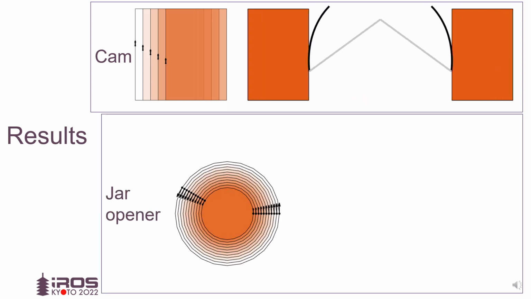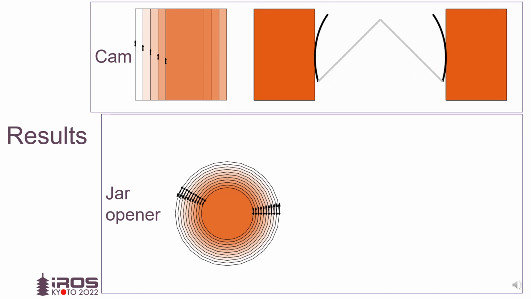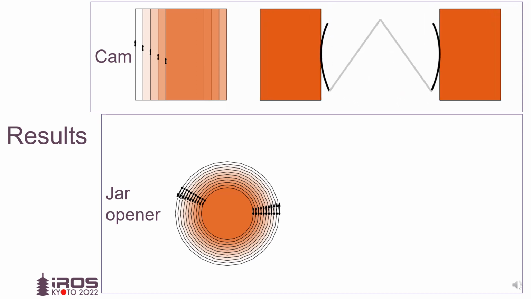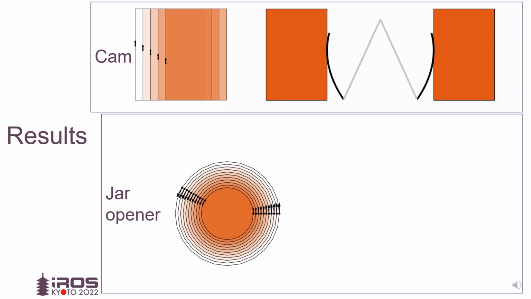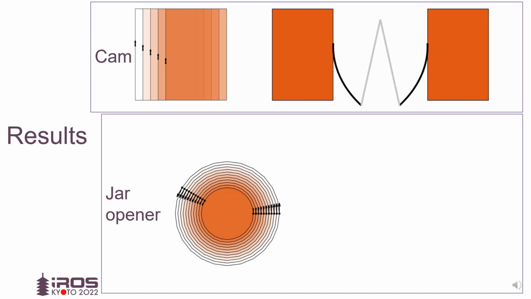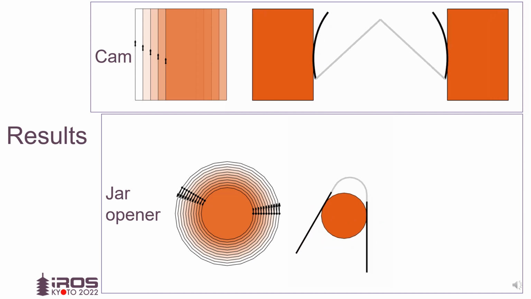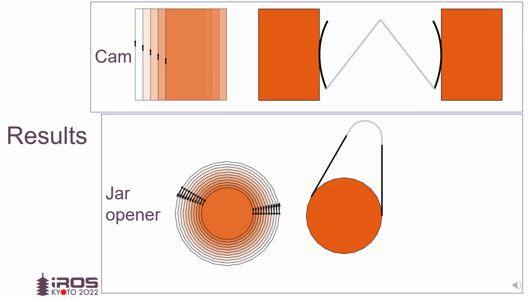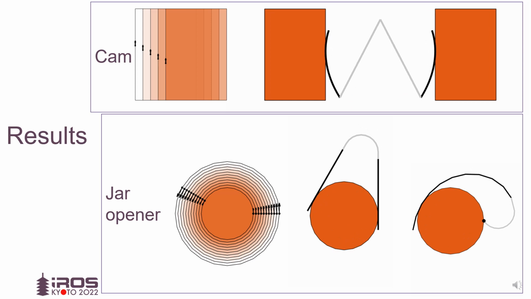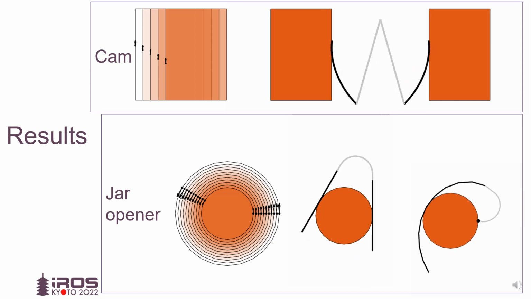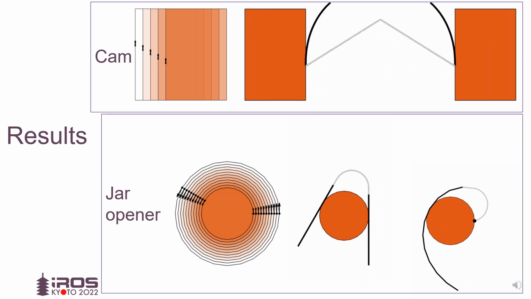We can also handle objects that evolve. We design a tool that contacts circular objects of different diameters, for example jar lids, all with the same contact geometry. First minimizing total effector surface length, then minimizing the length of one effector surface, finding qualitatively distinct solutions.